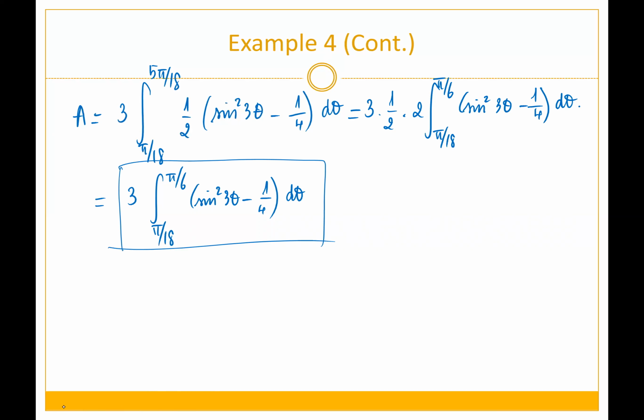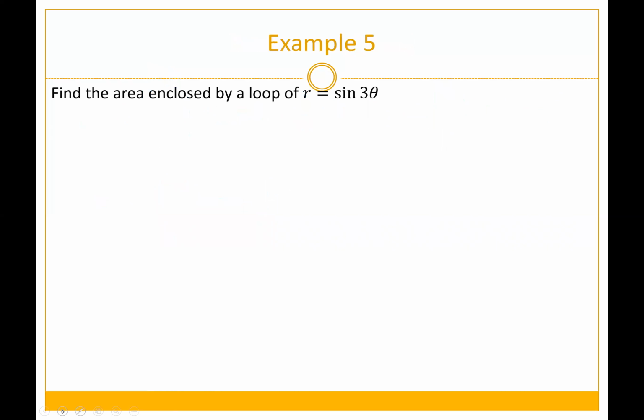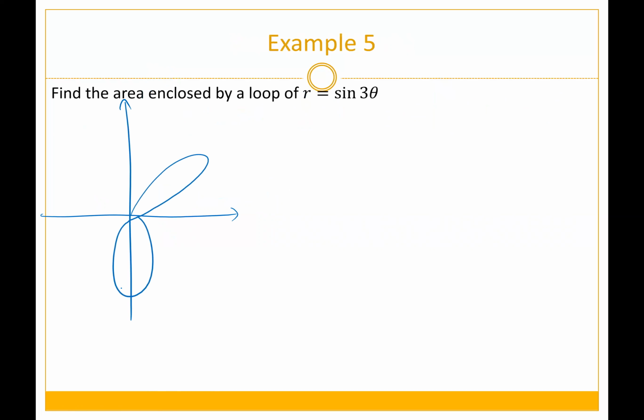Let's do the next one. So find the area enclosed by a loop of R equal. So again, the graph is going to look kind of like that, and then the area enclosed by one of these loops.